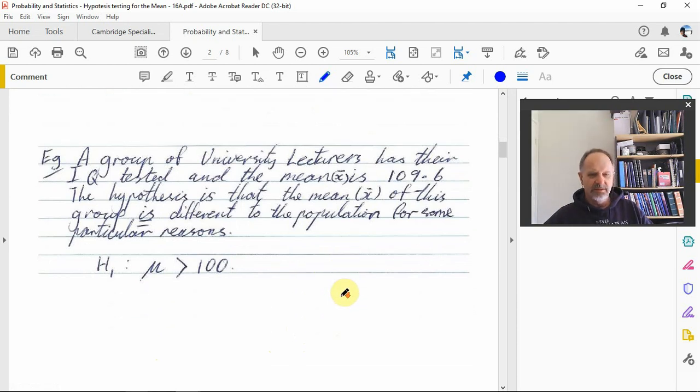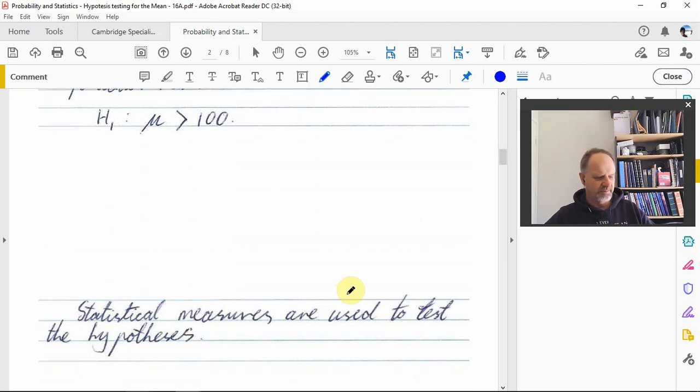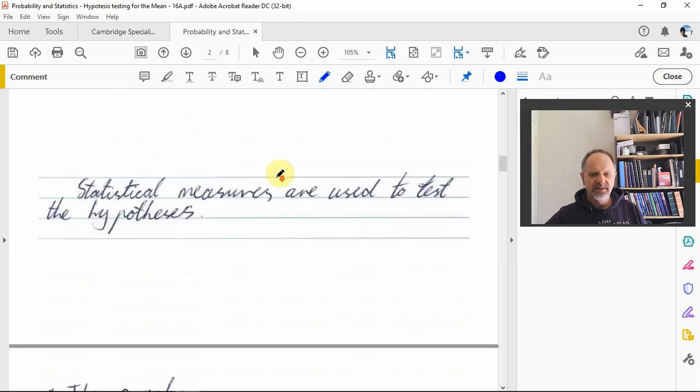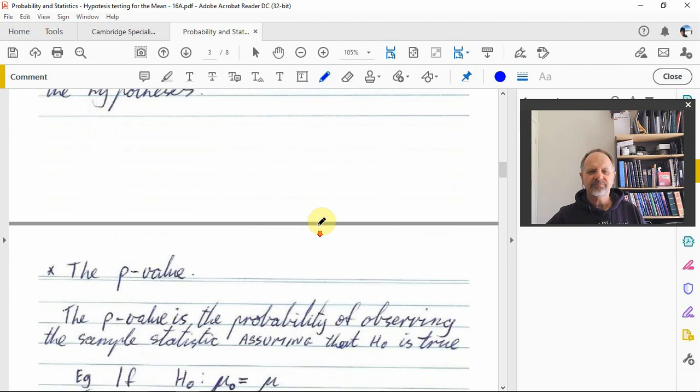All right, and so statistical measures are used to test our hypothesis. One of them is called the p-value. With the p-value, we work on the assumption that the null hypothesis is correct.